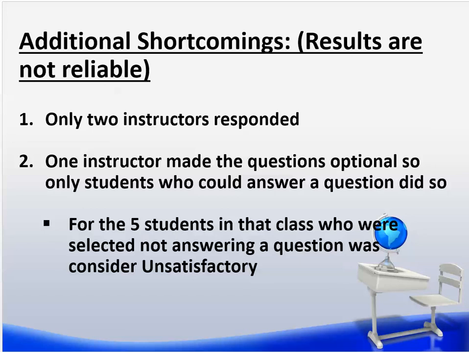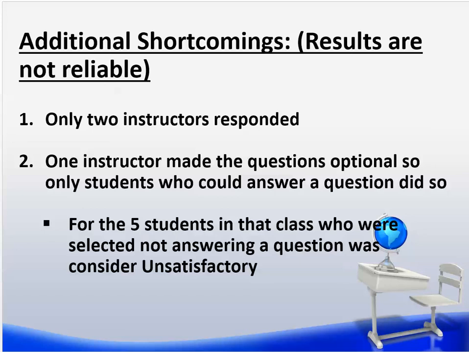For the 5 students in that class who were selected, we didn't ask every student to answer the question. Or no, we did, but we only measured, I think, every fourth or every third student that replied. So for the 5 students in my class who were selected, but they didn't answer the question, that was considered an unsatisfactory answer.